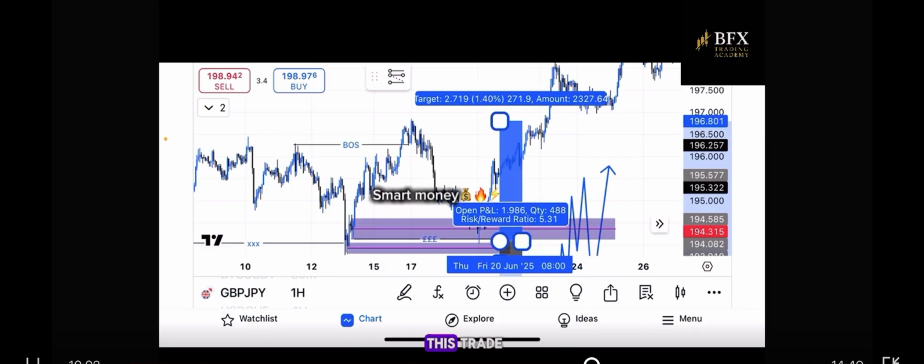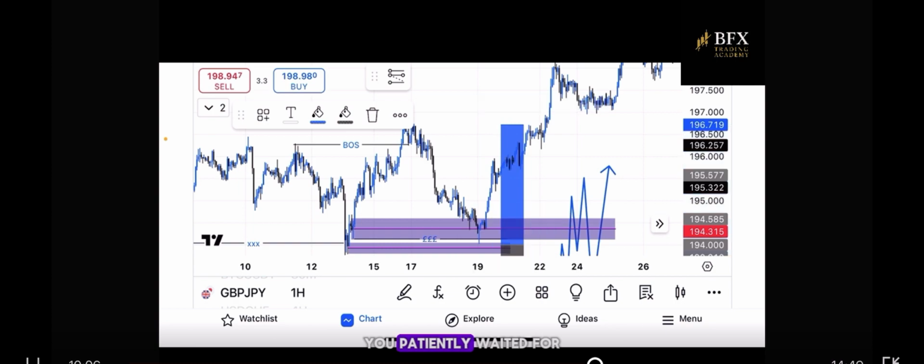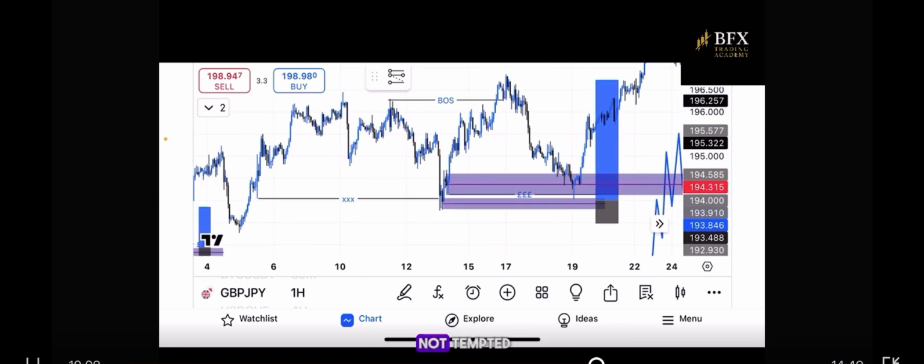Now, as a smart boy, what did you do? You patiently waited for this trade, right? You patiently waited for the trade. You were not tempted. You were not feeling buzzy, or just on a high level. You were just pretty much cocky while taking this trade. Why were you cocky?